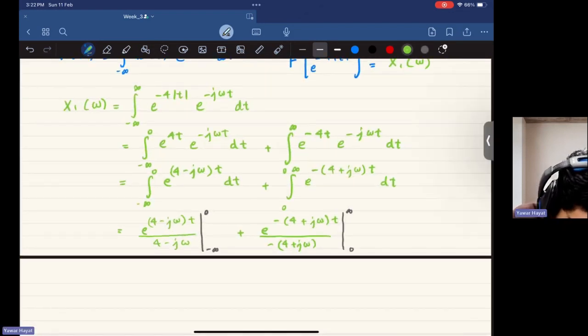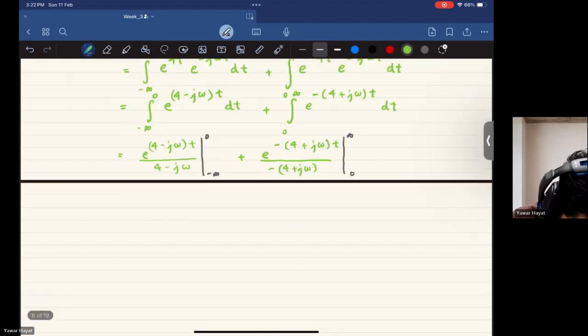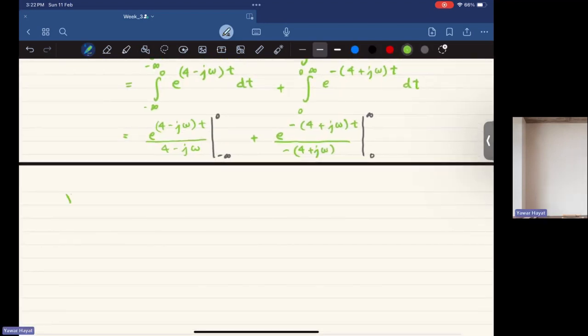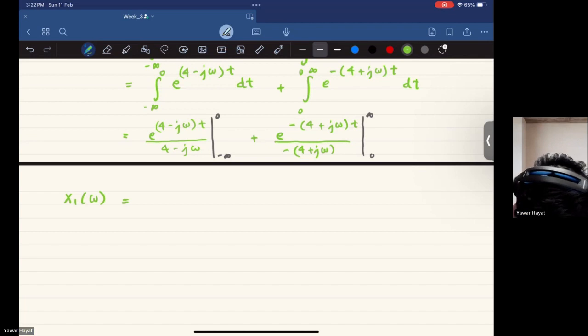So again, we are trying to compute this, X1 of omega. And our ultimate aim is to get an answer for X of omega. Now, what is my X1 of omega? X1 of omega is, now we'll put in the limits.